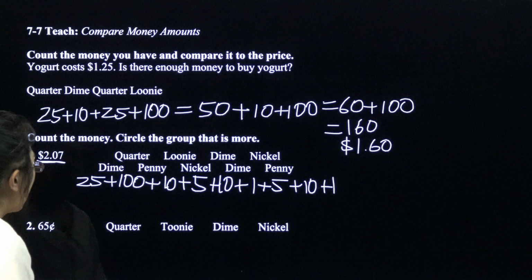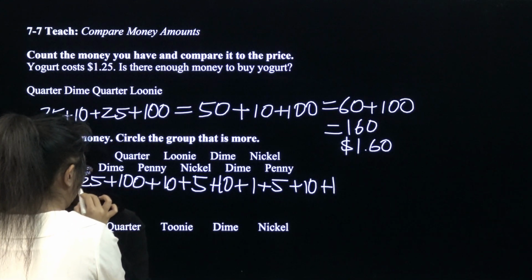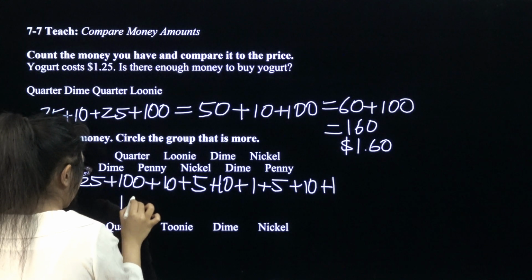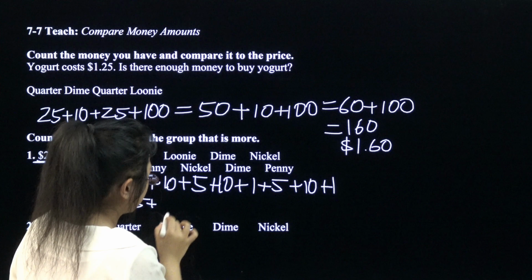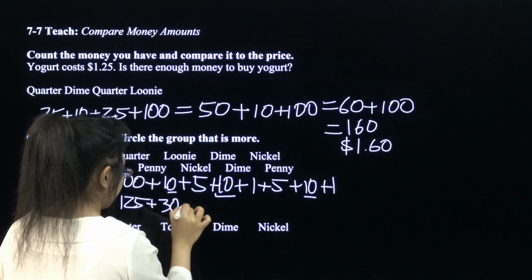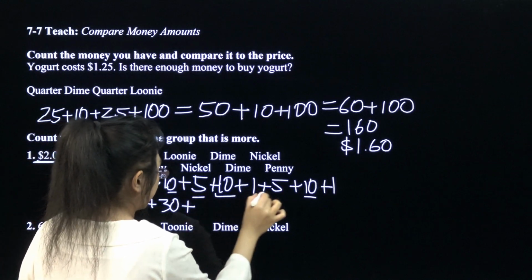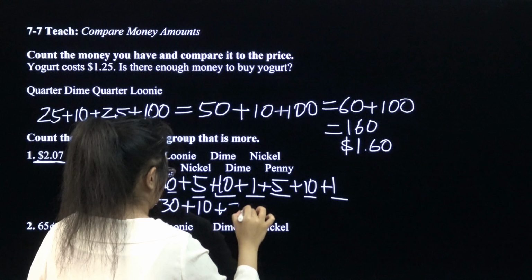Okay. I'm just going to add these two together because why not? We have 125 plus, there's 3 tens, so that's 30, plus there's 2 fives, so that's 10, plus there's 2 ones, so that's 2.